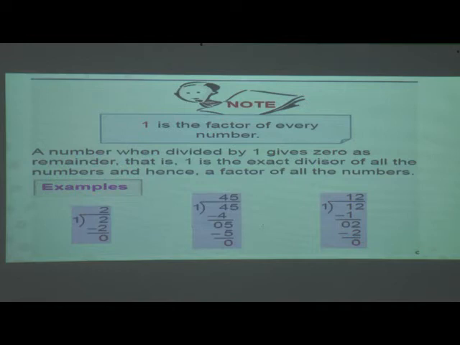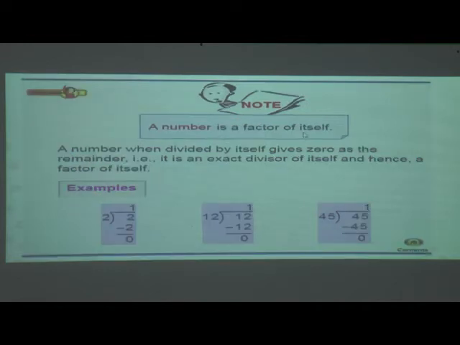Let us see the next property. A number is a factor of itself. It means a number when divided by itself gives zero as the remainder. That is, it is an exact divisor of itself and hence a factor of itself.